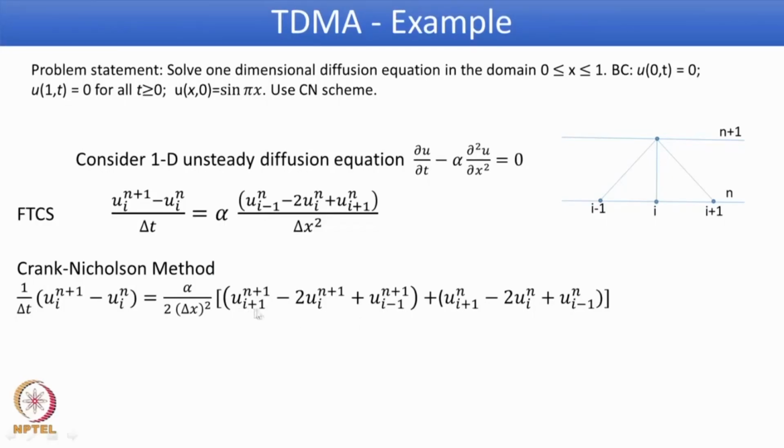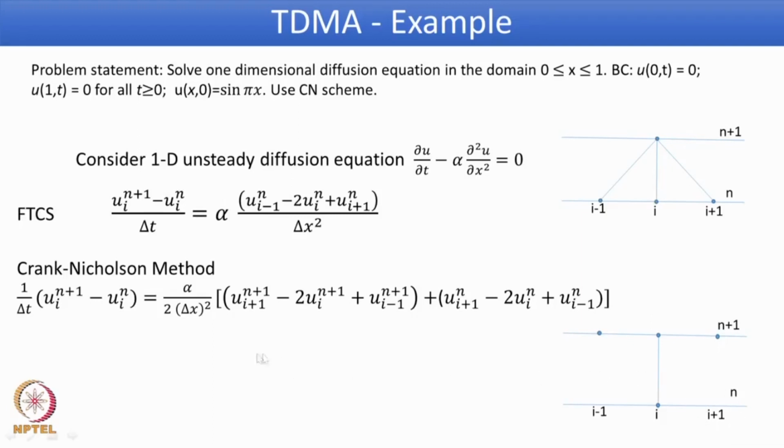So, we have one set of terms with superscript n plus 1, we have another set of terms with superscript n, and there is a weightage of half, that is what is in the denominator here too. The corresponding molecule is schematically given here. So, the n plus 1 value is determined with the values from n plus 1 as well as values known from the nth level.